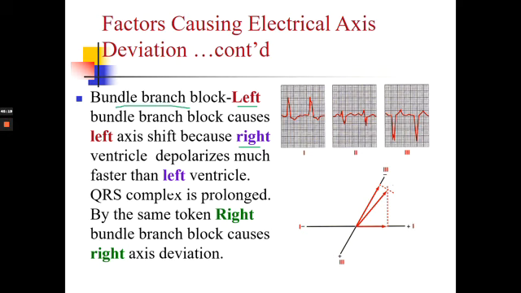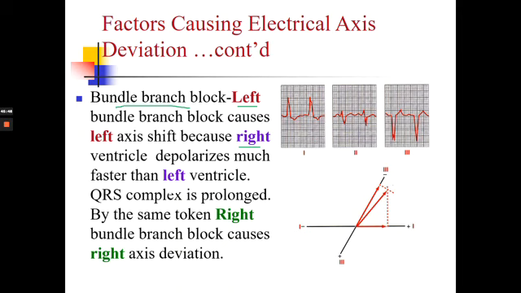The right ventricle depolarizes first, and then the left ventricle, since the left ventricle does not receive the impulse through the bundle branch, it receives the impulse through the ventricular muscle. And you remember that the ventricular muscle conducts the impulse much slower than the Purkinje fibers. The Purkinje fibers conduct the impulse at around 4 to 5 meters per second.